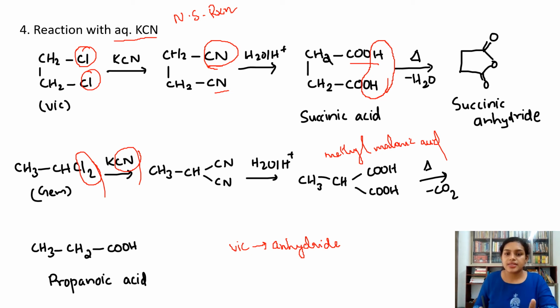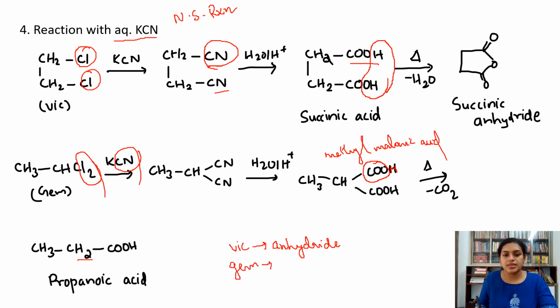And here you can see that two bulky COOH groups are present on the same carbon atom. That's a rather unstable condition. So on heating, a CO2 molecule is easily eliminated to give CH3CH, and this hydrogen is remaining over there. So CH3, CH2 and COOH, which means a propanoic acid.